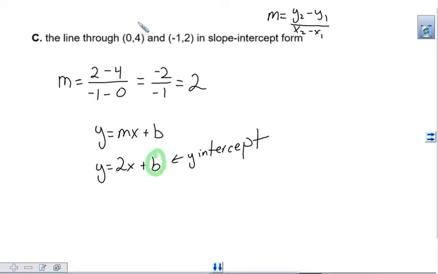Yes, as a matter of fact, we do. It's right here, because we have 0 and then a number. So we can plug that 4 in for b. So our equation is y equals 2x plus 4.